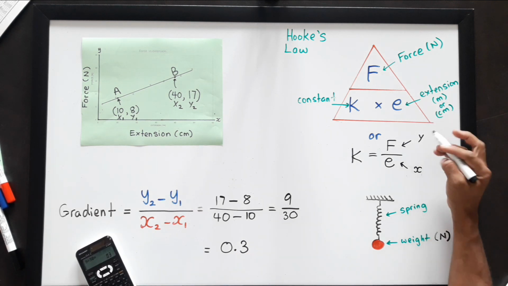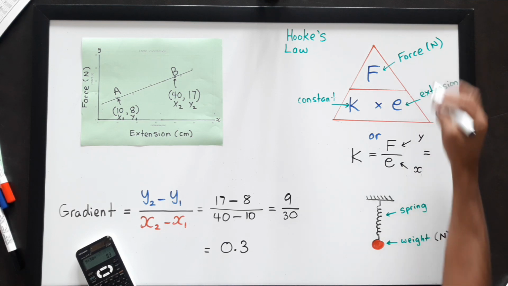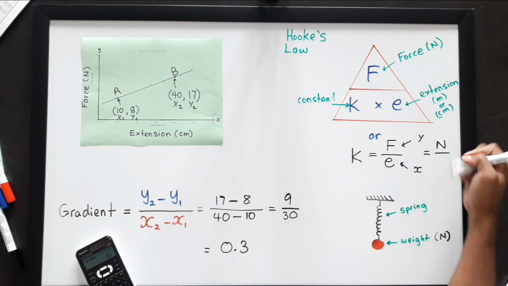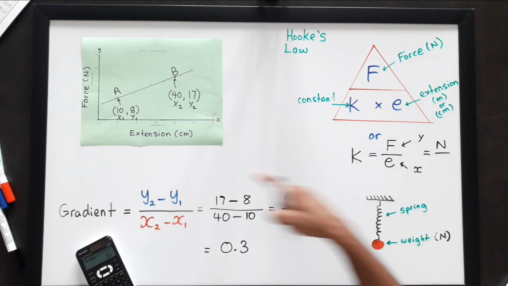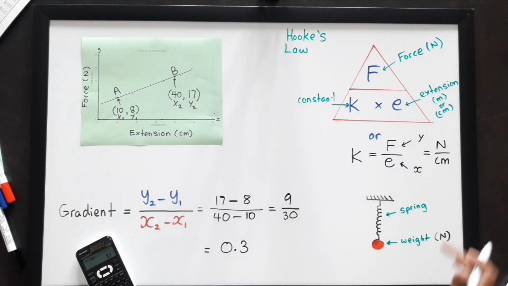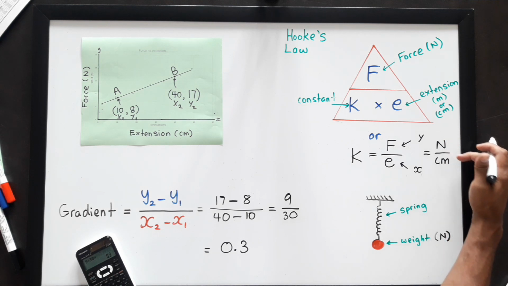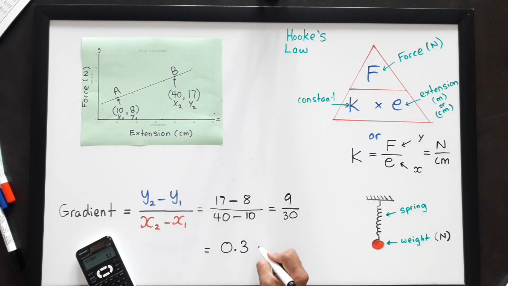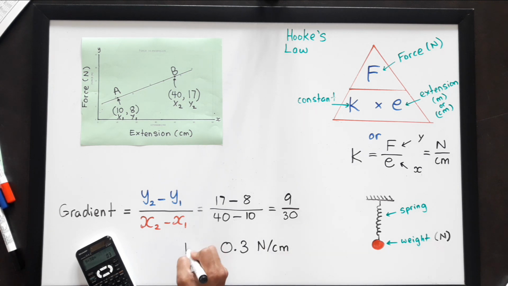But let's use the correct units. Remember, force is measured in newtons, and in this experiment, the extension was being measured in centimeters. So we are taking newtons and dividing it by centimeters. So the units will be newtons per centimeter. And that there is the spring constant for this particular spring.